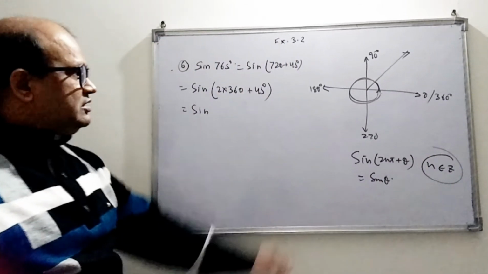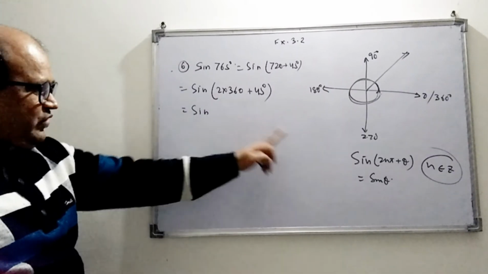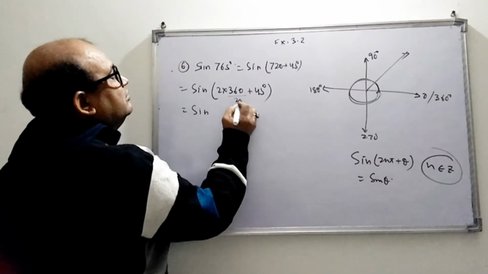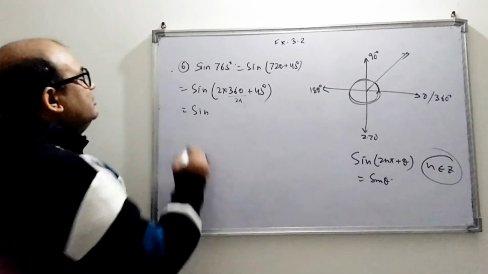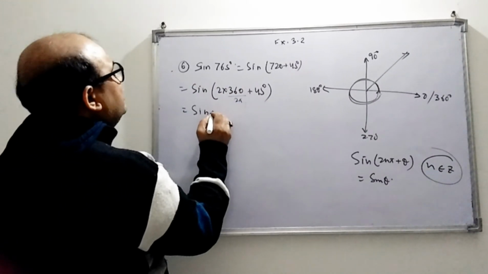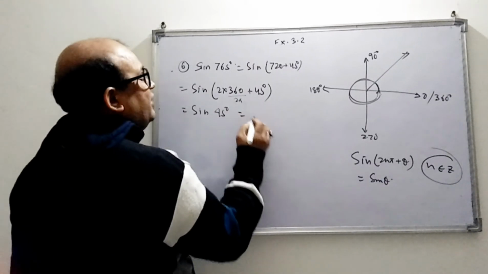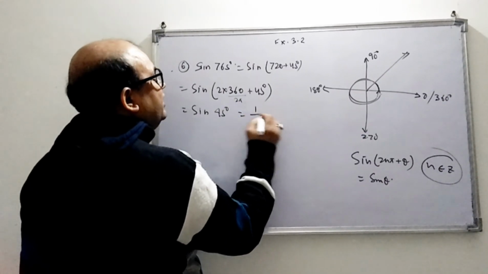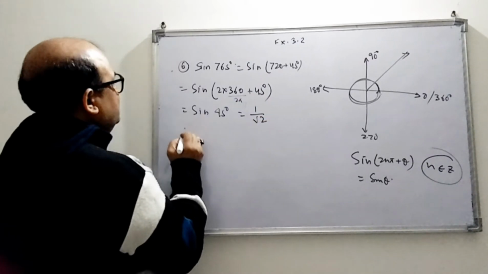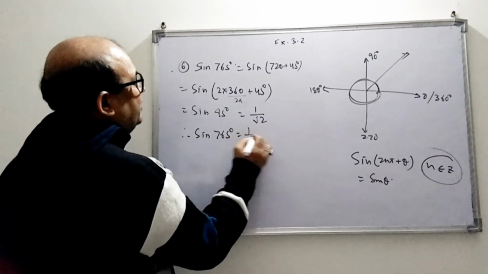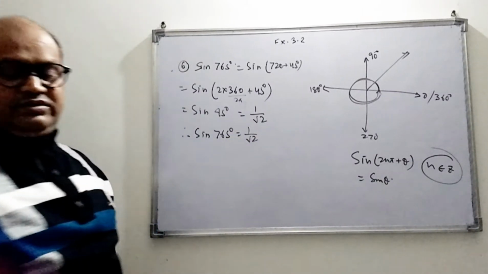N is an integer, so it is a multiple of 2 pi, and 2 pi is your 360. So what I got here is sin 45 degree, and sin 45 degree is 1 by root 2. Therefore, sin 765 degree equals 1 by root 2.